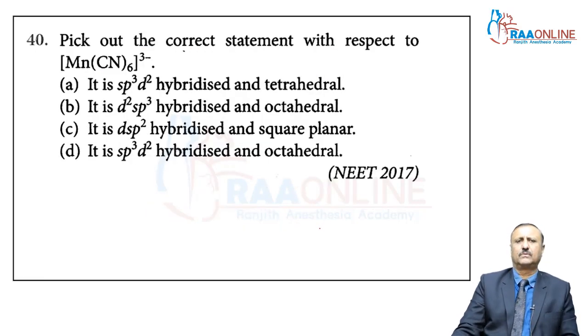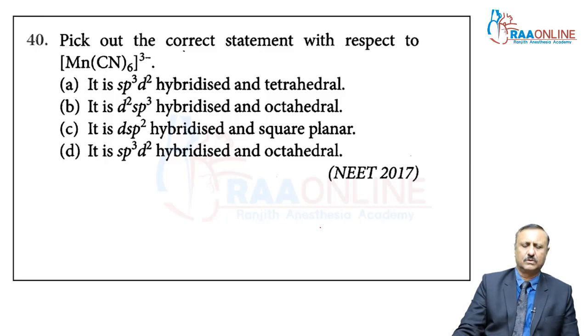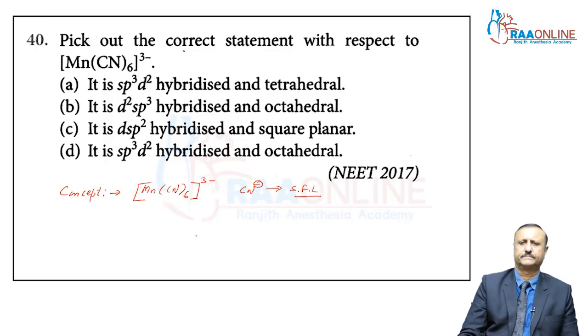Now my dear students, we can go to question number 40. Here, pick out the correct statement with respect to the [Mn(CN)6]3- ion. Here my dear students, we can see the concept and theory. Cyanide ions, my dear students, are strong field ligands.